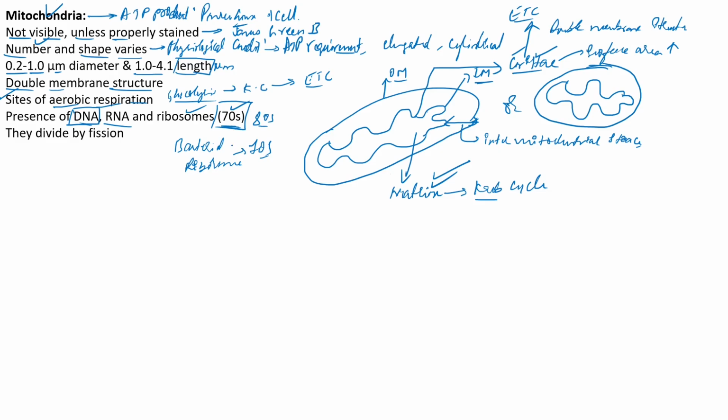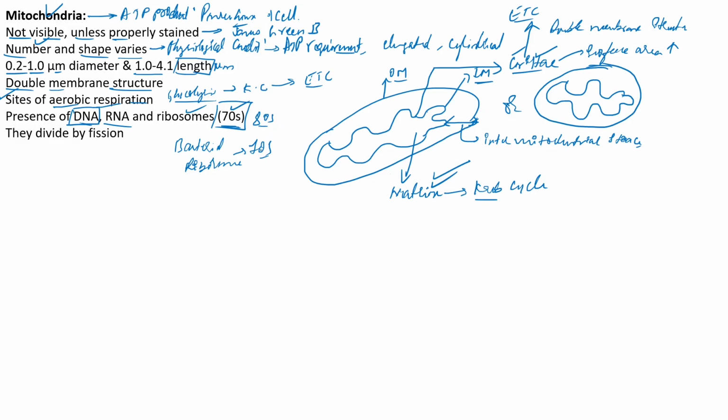Of course, we have a theory called the endosymbiotic theory, which tells us that the chloroplast and mitochondria were once upon a time free living individuals, and they had the capacity of fixing oxygen for generation of ATP and all.